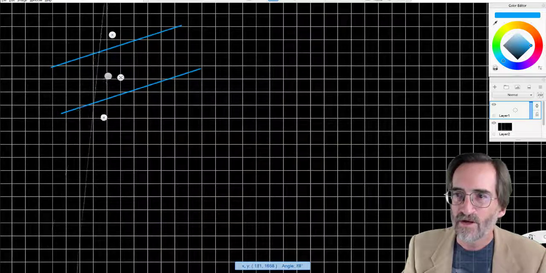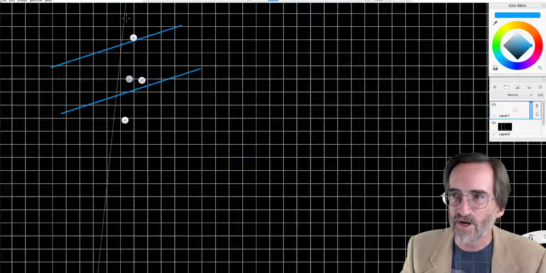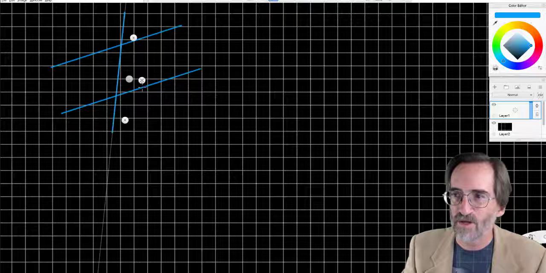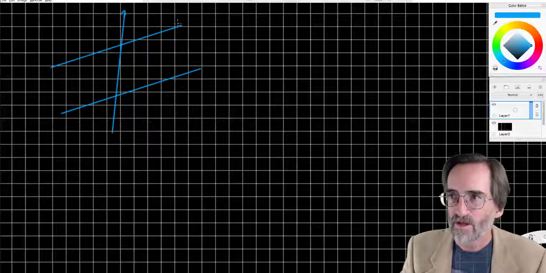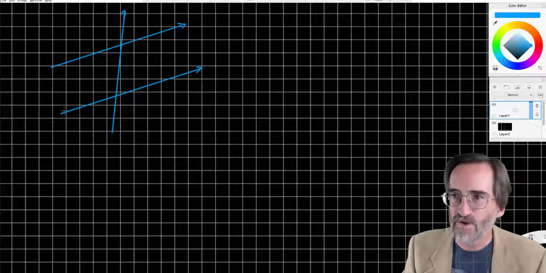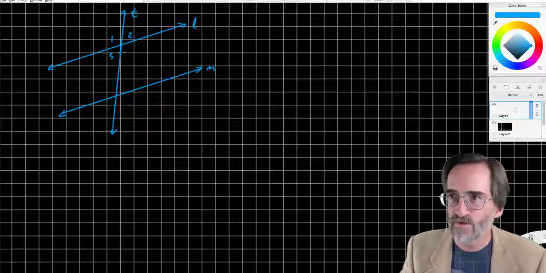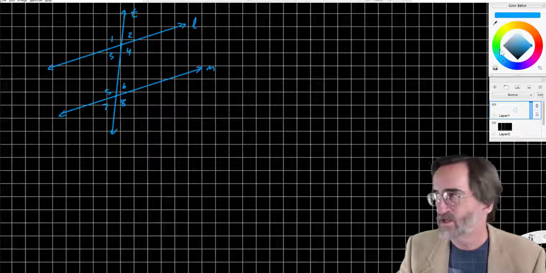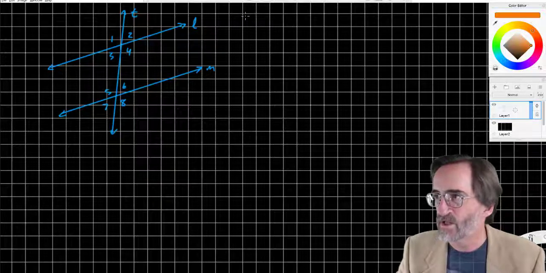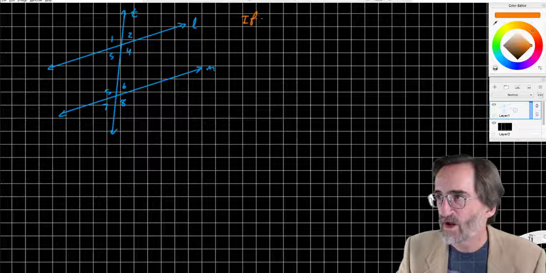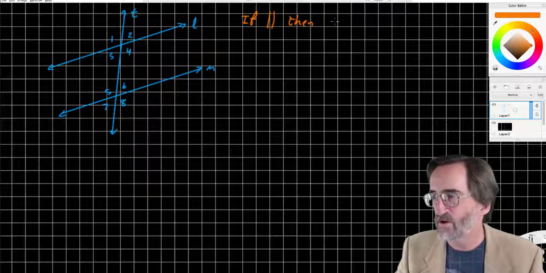If a transversal crosses two parallel lines, call these L and M, and the transversal T. Call these angles 1, 2, 3, 4, 5, 6, 7, 8. Here are the rules. If parallel, then the following are congruent.